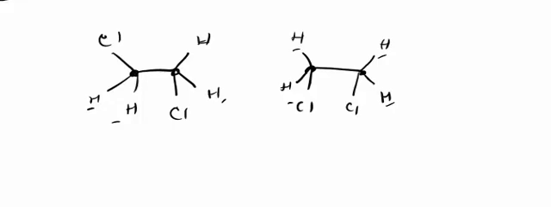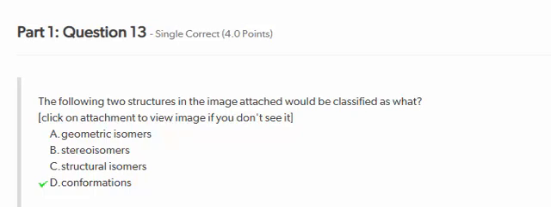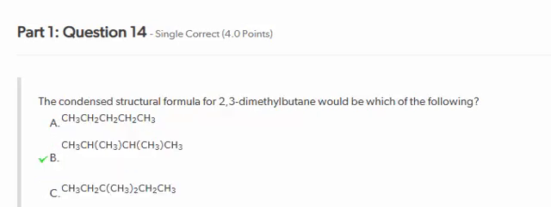These are sp3 hybridized carbons, and you have 2 hydrogens for each of them. So we do not have stereoisomers. These are conformations. And one way you can confirm that they're conformations is you rotate around this single bond. And when you do that, you can put the chlorines so that they both face the same way. So number 13, we have conformations.